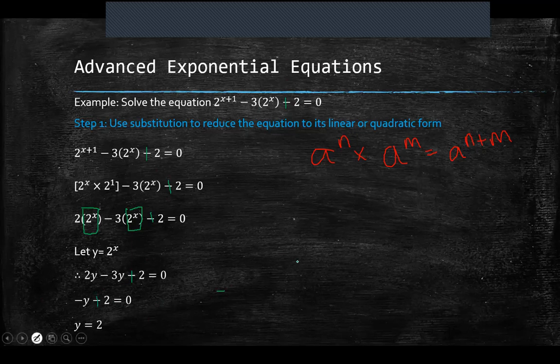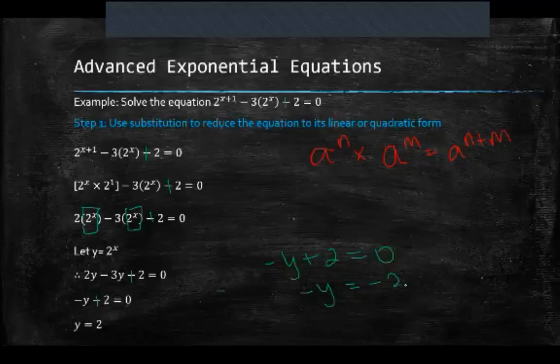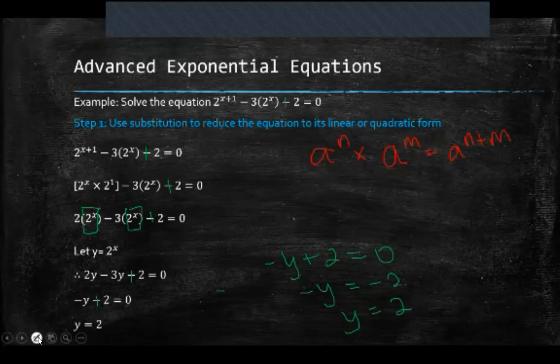All right, so this should be minus y plus 2 is equal to 0. So minus y is going to give me minus 2. And that's why y is going to give me 2. So my bad. Just change that minus sign to a plus sign, please.